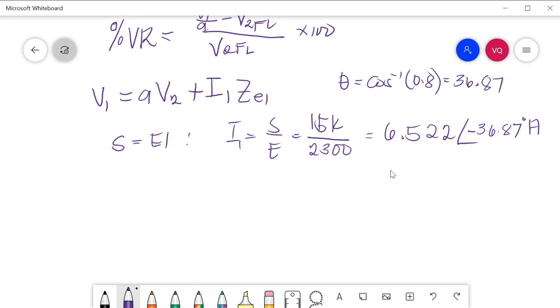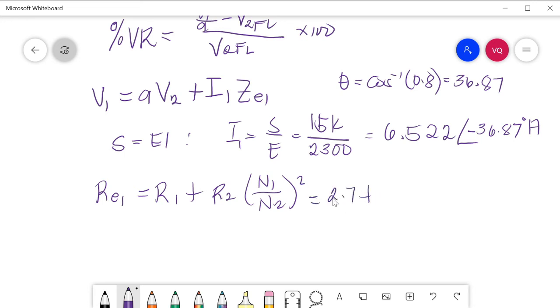Solving now the R1E and X1E. So R1E is equal to R1 plus R2 times N1 over N2 squared. So that is 2.7 plus 0.024 times N1 over N2, which is 10, squared, equal to 5.1 ohms.